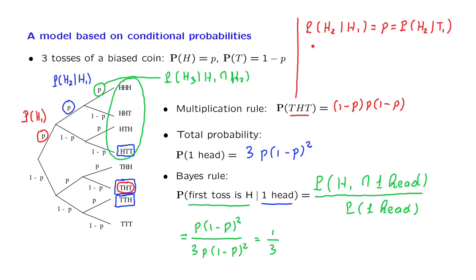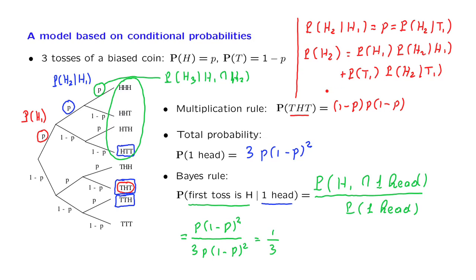And if you were to calculate the unconditional probability of heads in the second toss, what you would get using the total probability theorem would be the following. It's the probability of heads in the first toss times the probability of heads in the second given heads in the first, plus the probability of tails in the first toss times the probability of heads in the second toss given tails in the first. And if you do the algebra, this turns out to be equal to p again.